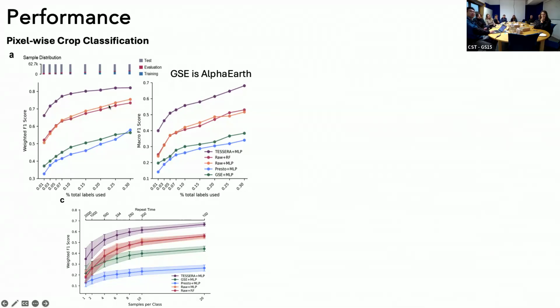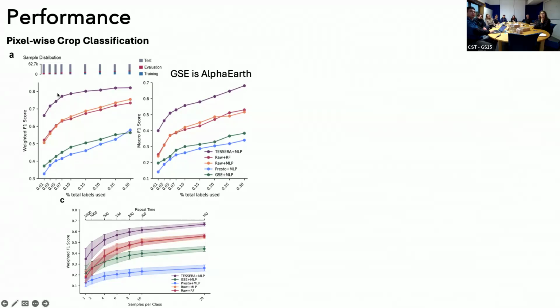While this orange and this reddish line are the baseline. That means we use the raw Sentinel-1 and Sentinel-2 images together with a random forest. This is a very traditional baseline. While Google is down here, this green one. And we also evaluated another foundation model, which is called Presto. Presto is comparable to Google, and it is this blue line here.